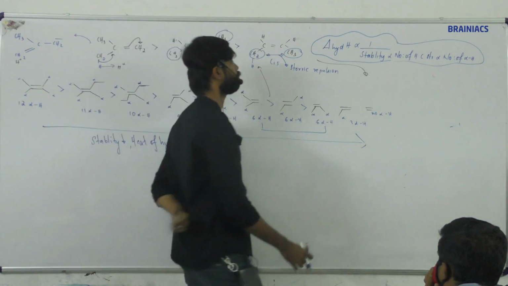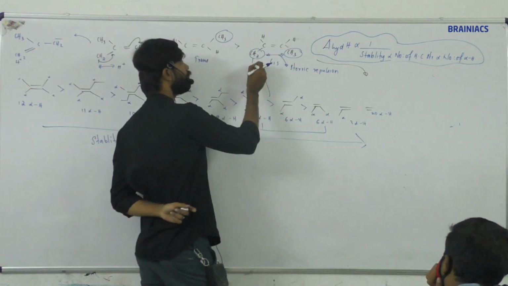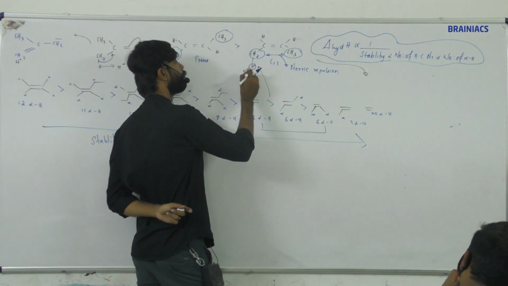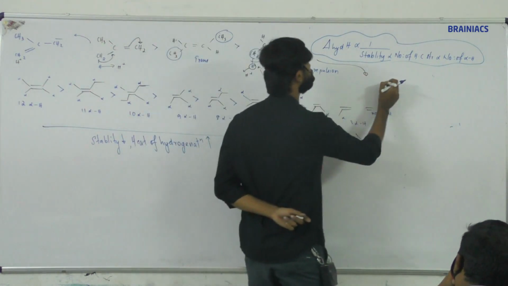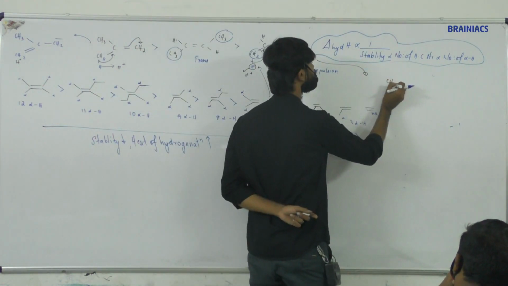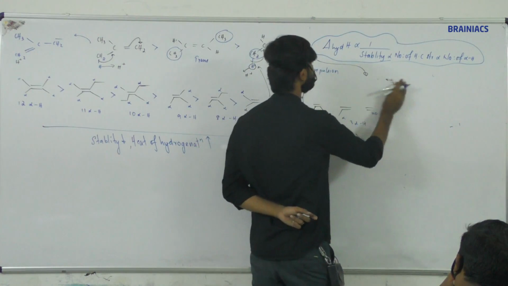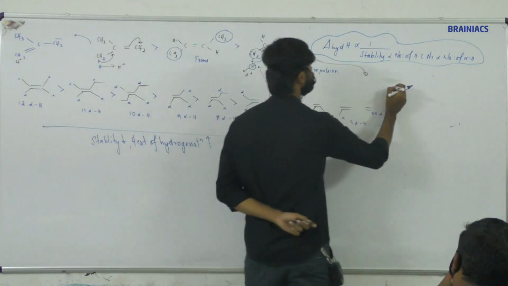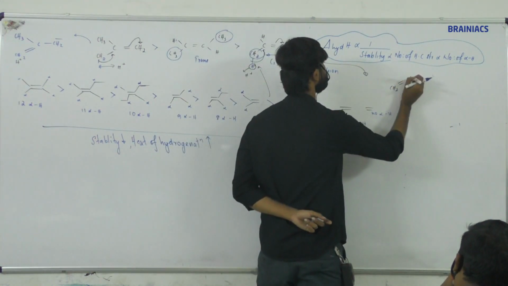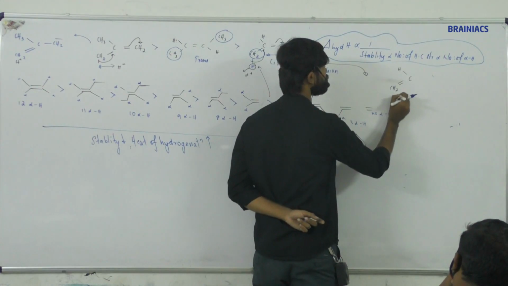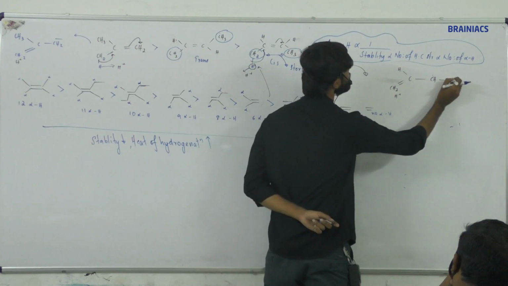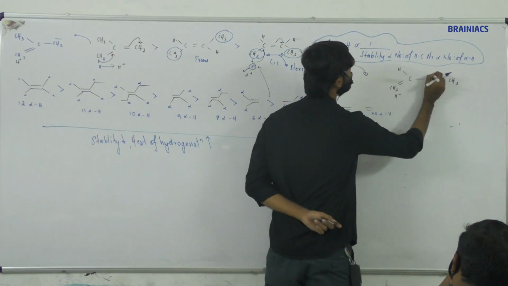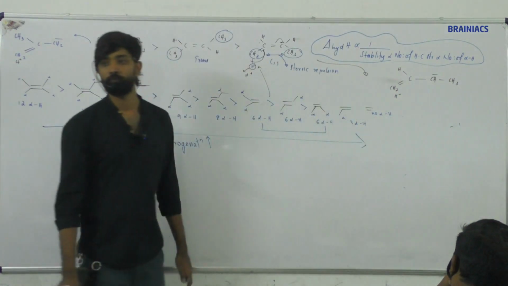So let me draw the structure. This H becomes H plus, bond to here, this to here. What happened? CH2 double bond CH, here is an H plus, single bond, CH3 minus. Okay.